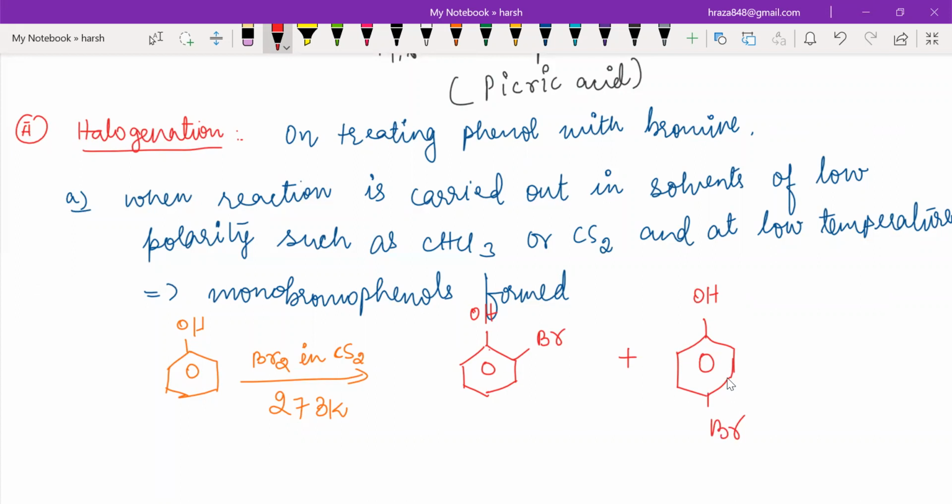Sir, the para will be more stable, right? Yes, what will be its name?